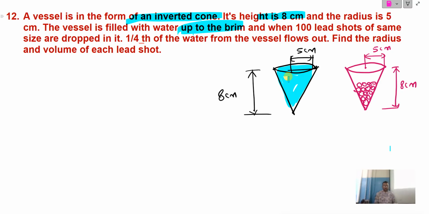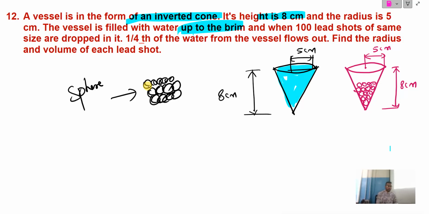Once you put the lead shots in this, they will occupy some space. If you drop something in water, the amount of space it occupies, that same volume of water comes out.